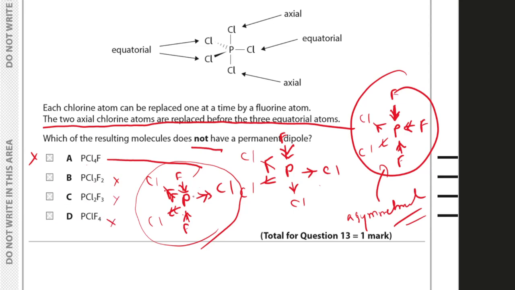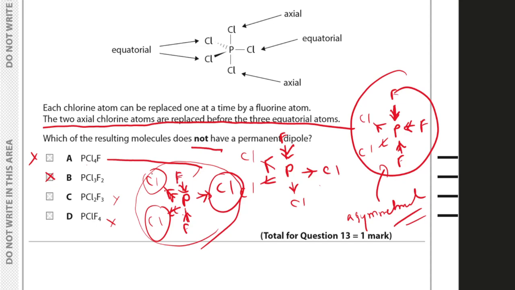I think we missed the answer. The answer was option B, because if you check out option B down here, the molecule is kind of symmetrical, because the chlorine atoms, these 3 equatorial atoms, are symmetrical.